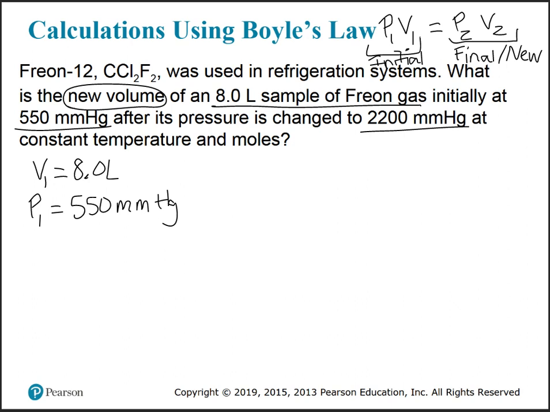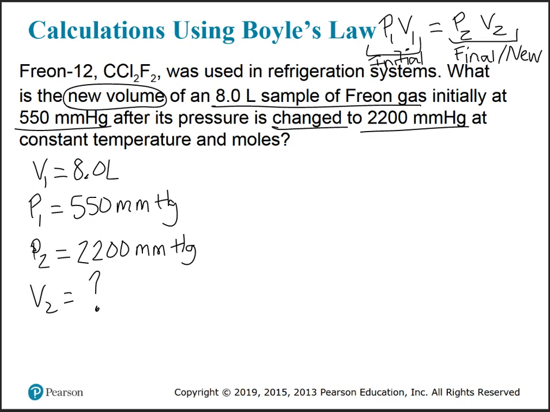Now this says the pressure has been changed. So that implies that we're looking at our new or our final pressure, and that's going to be 2,200 millimeters of mercury. And the question is asking, what is our V2?